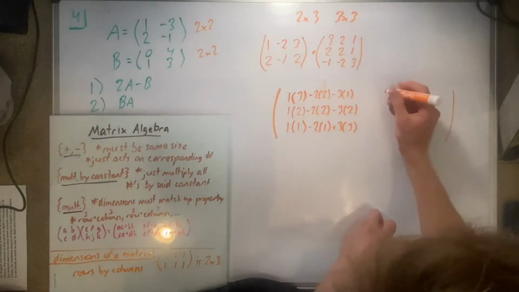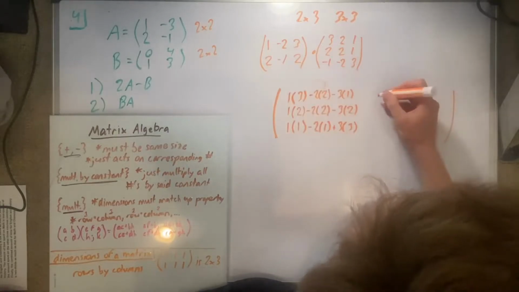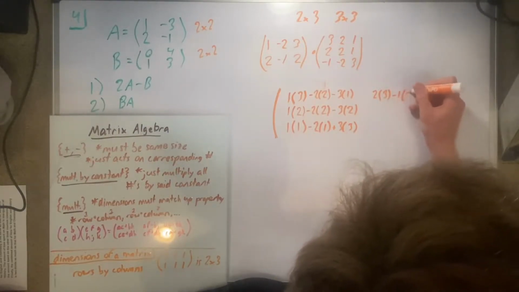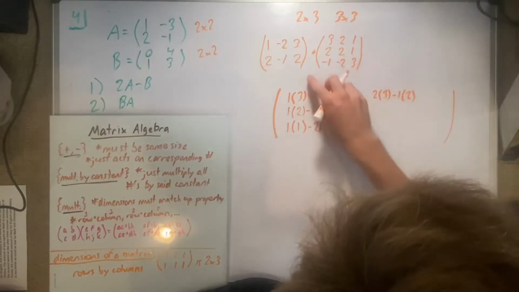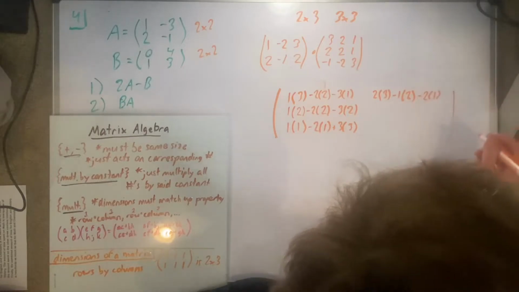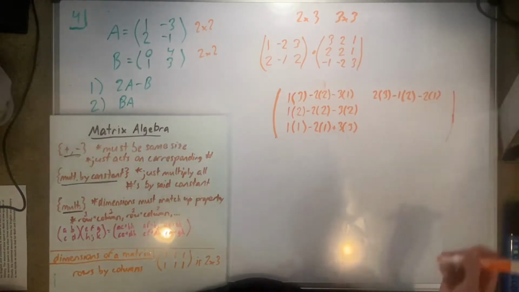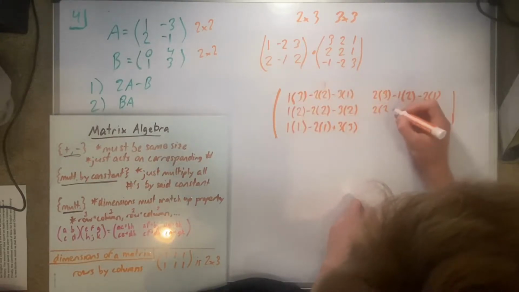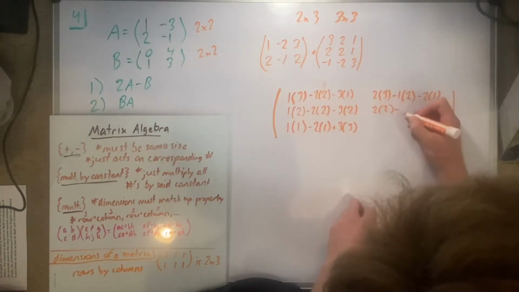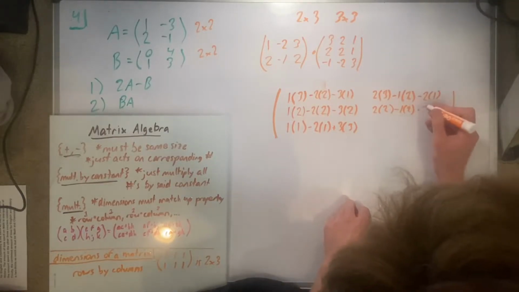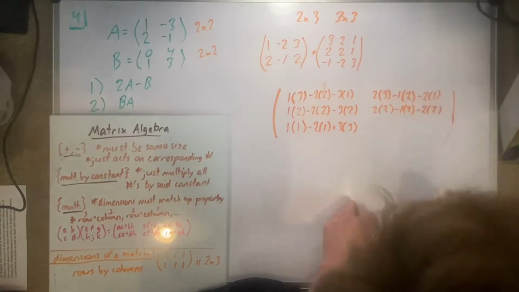Now we will go with our final one. We will go the second row, 2, 3, negative 1, 2, and then 2, 1, or negative 1. Then we will go 2, 2, minus 1, 2, minus 2, 2.